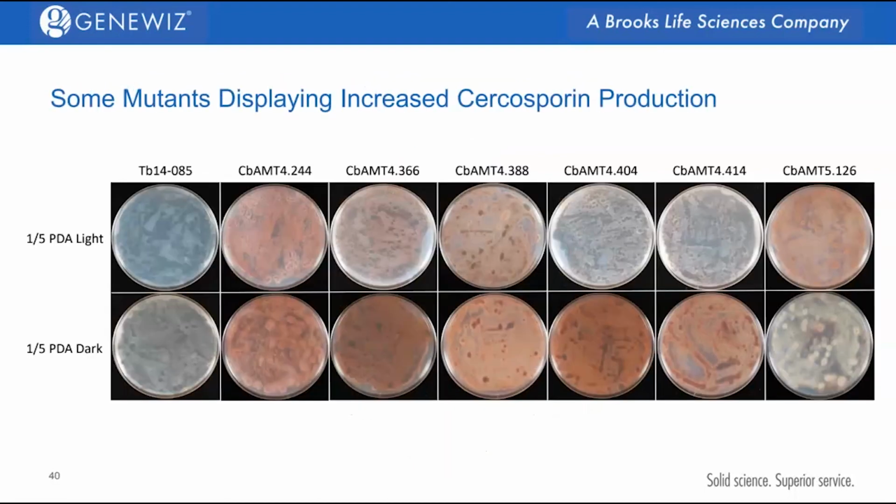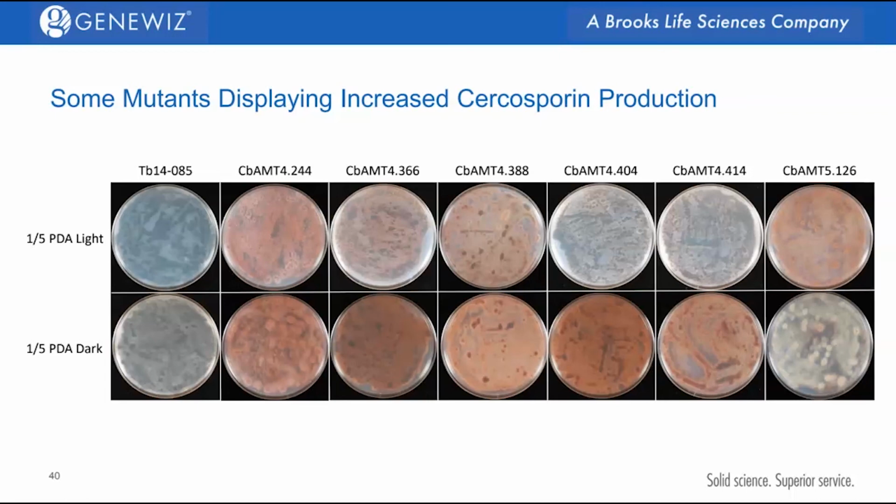Apart from looking at avirulence, I've also been trying to look at cercosporin production in some of these strains. As you can see on the leftmost, I have TB14085, the wild type strain. And that is the tricky part: visually I cannot detect cercosporin production in this isolate.